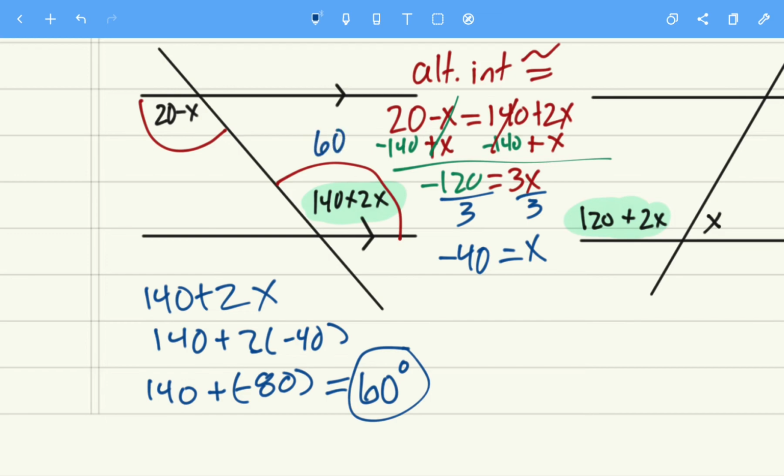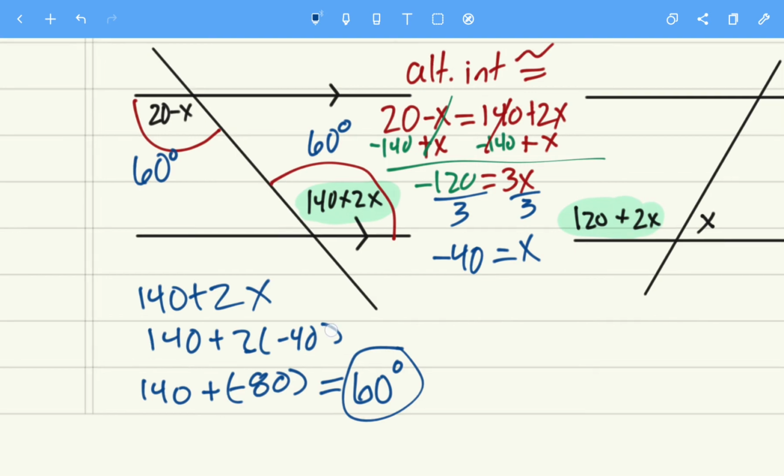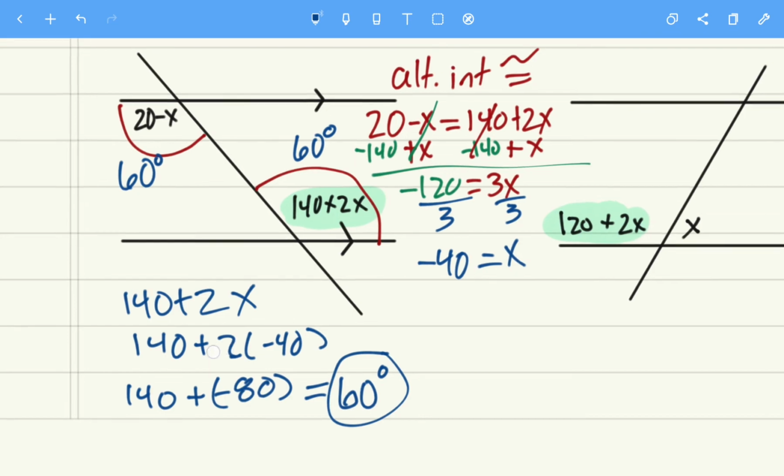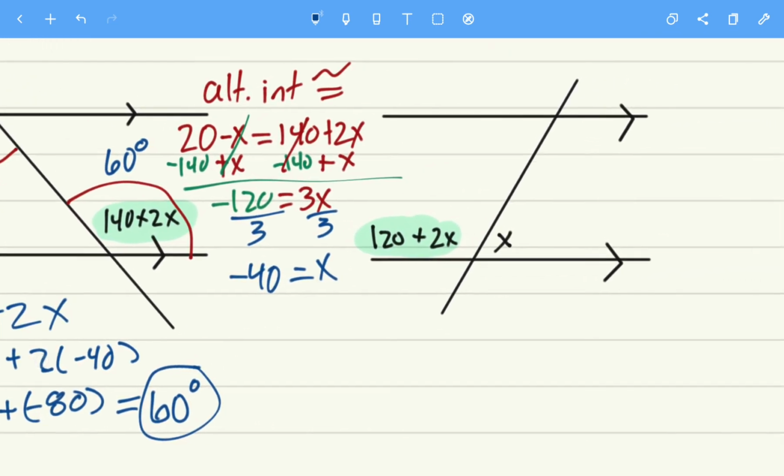So this angle is 60 degrees. And because they are congruent, this angle is also 60 degrees. Okay. We have one more example. Let's look over here.